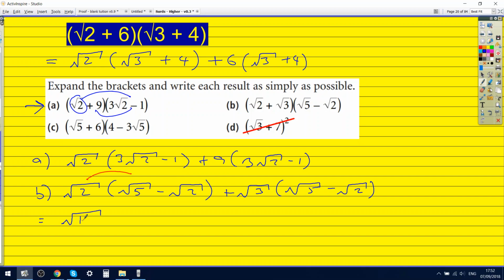And then root 4. And what is the square root of 4? 2. And is that plus or minus? Minus. Yeah. Okay, second bracket. Root 15. Yeah. Root 6. And is that plus or minus? Minus. That's it. Got it. Any questions there? No. And okay, what would be step 1 for C?